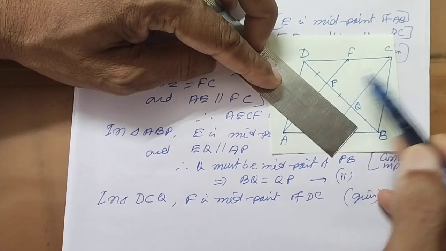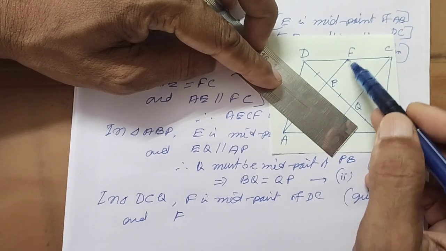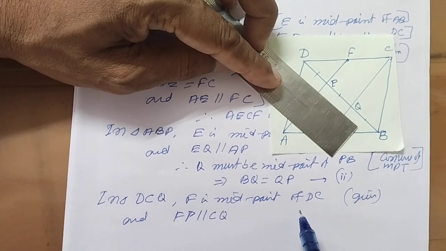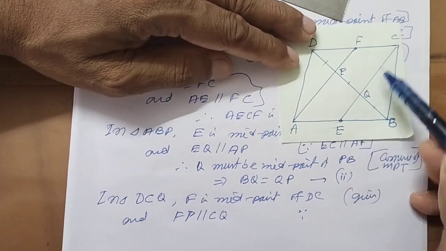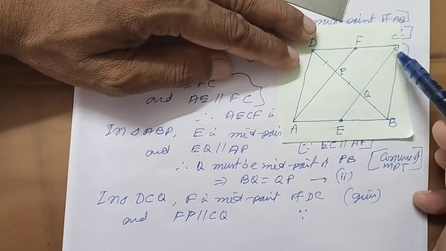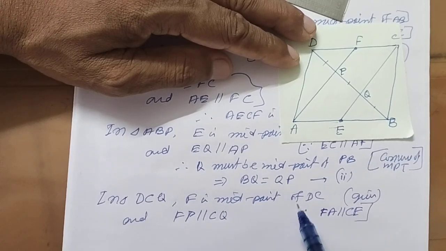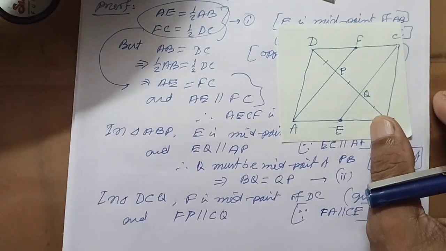And FP is parallel CQ. How? Because FA parallel CE, they are opposite sides of parallelogram. So they are parallel.